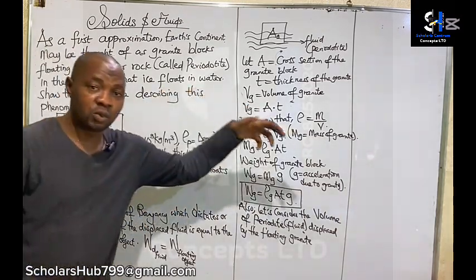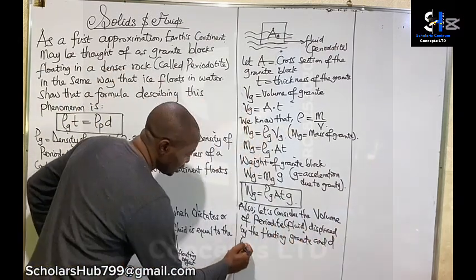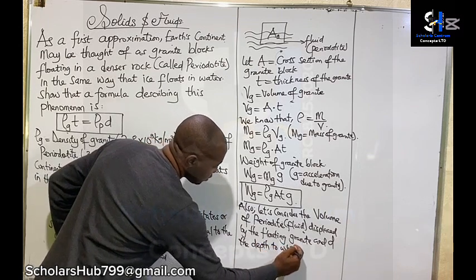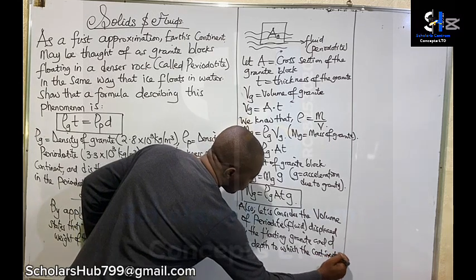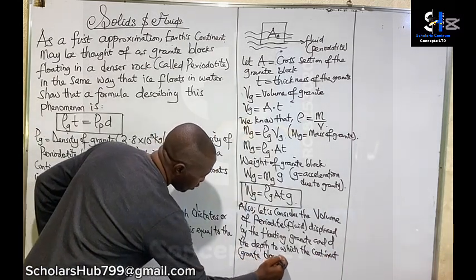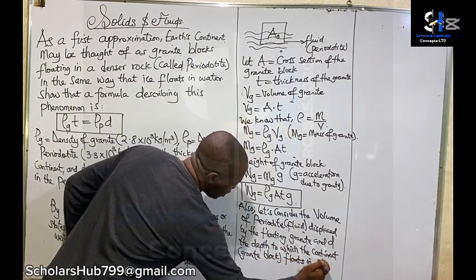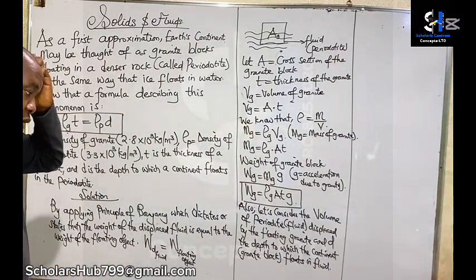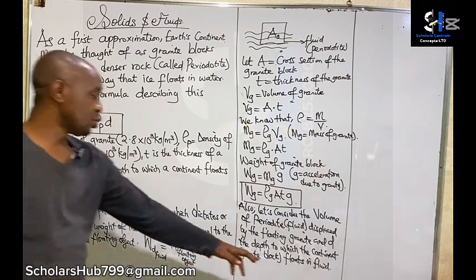The continent is the granite. And D is the depth to which the granite block floats in the fluid, and the fluid is the peridotite.